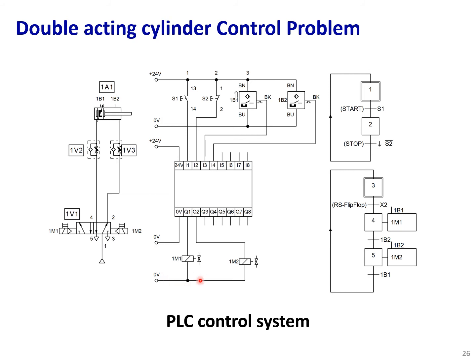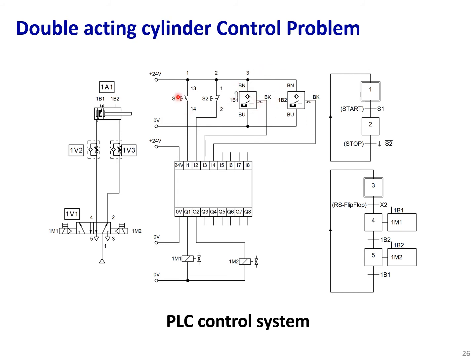We have inputs, we have field devices. You see that we have field input devices connected to the input module. You see that we have I1 to I8. These are inputs to the system, so this PLC could accept 8 inputs and could have 8 outputs. What are those input devices?